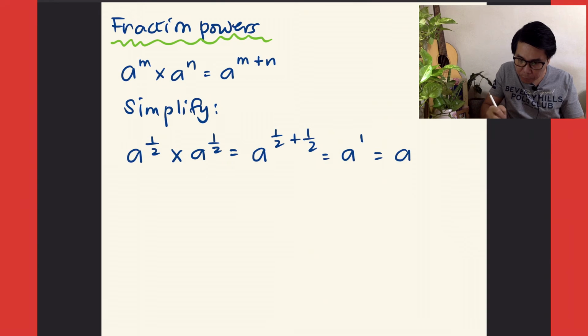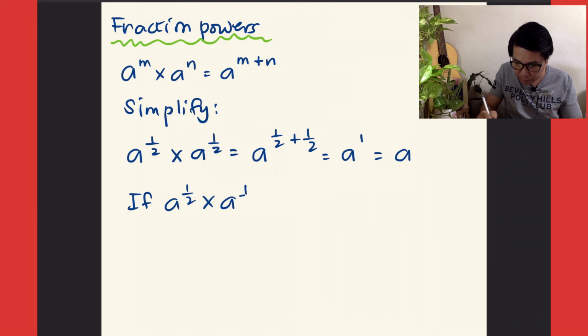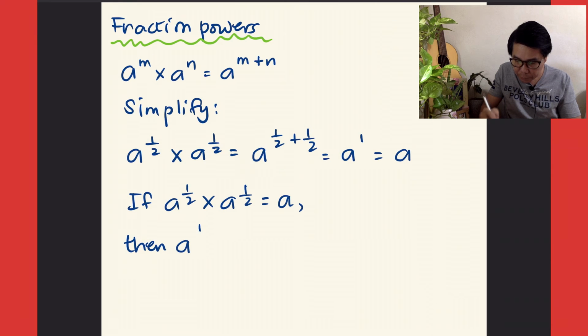Now, then if a raised to the power of 1 half times a raised to the power of 1 half is equal to a, then a raised to the power of 1 half must be the square root of a.